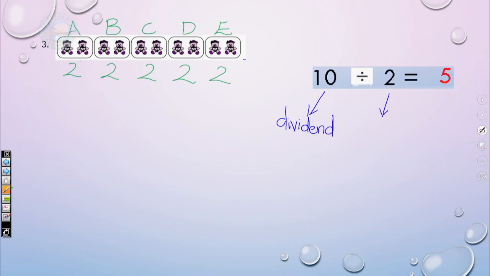And again, 2 comes after your division sign, makes it easy for you. And 5 here will be your quotient or your answer.